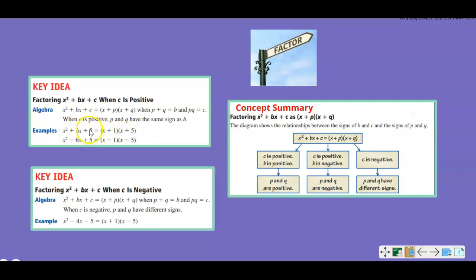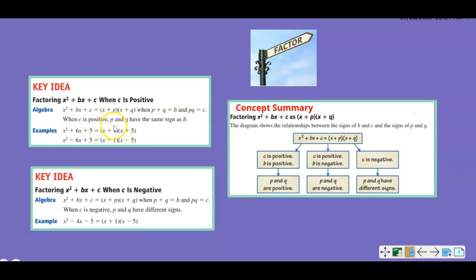You can see both of these are positive, and your c is positive, and therefore both signs in your binomials will be positive. If we have x squared minus 6x plus 5, we're going to have x minus 1 times x minus 5. So you can see that they're going to have the same sign.